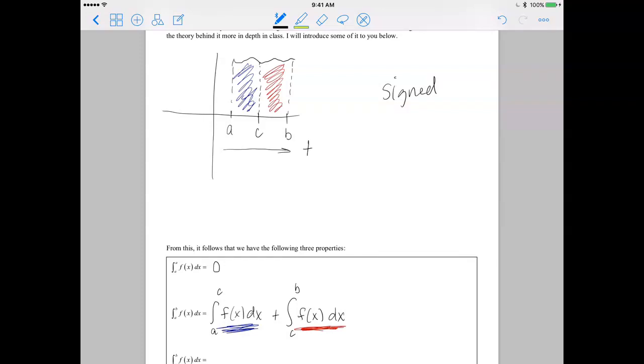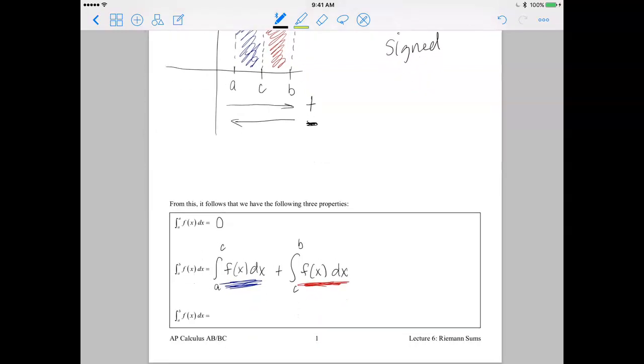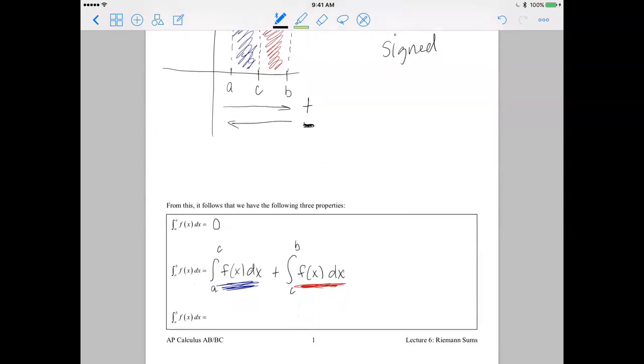But if I integrate from right to left, or backwards, that is considered to be a negative area, again, as long as you're talking about a function that is above the x-axis. So because of that, for our final property, if we want to switch the bounds of integration to instead say the integral from b to a of f of x dx, then what we need to do is put a negative sign in the front.